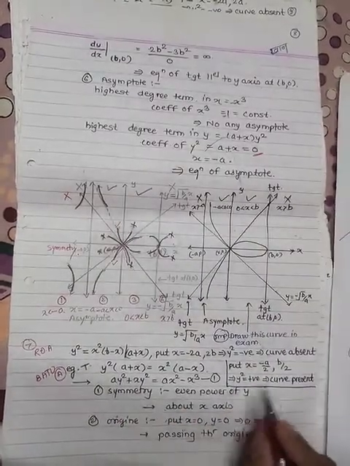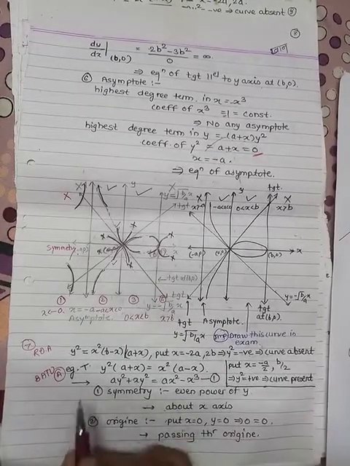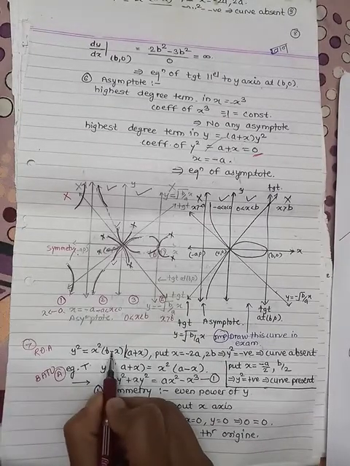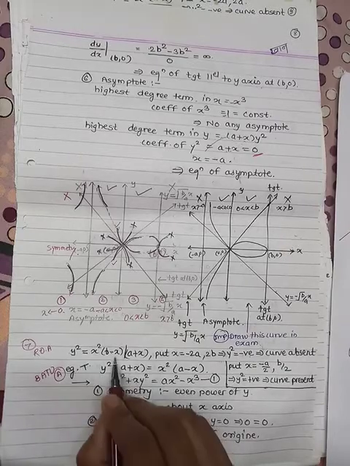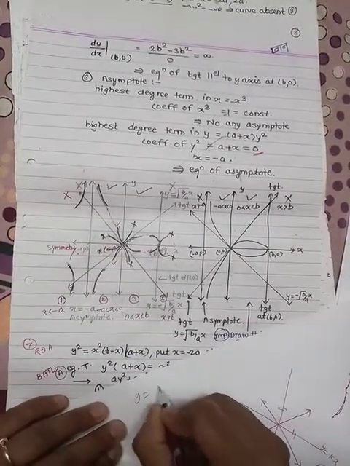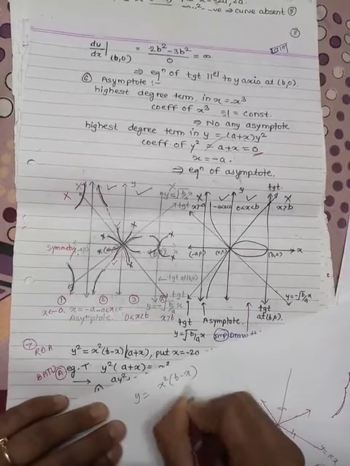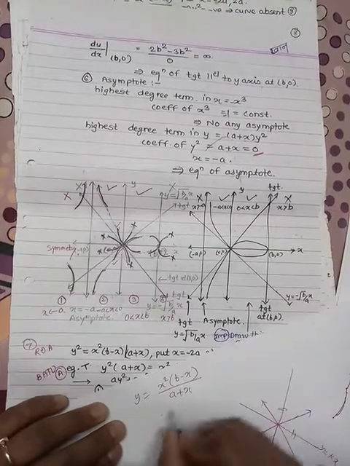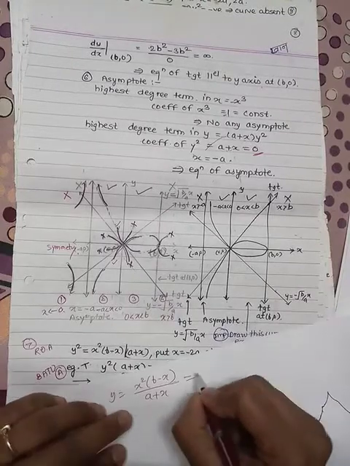So by putting x equal to minus a by 2 in this equation, you can roughly check y square equal to x square into b minus x upon a plus x. So put x equal to minus a by 2.